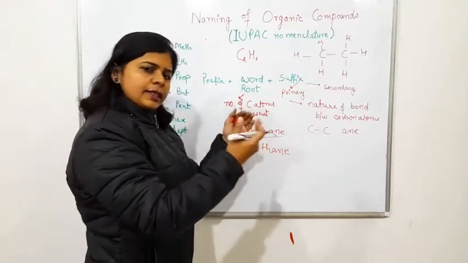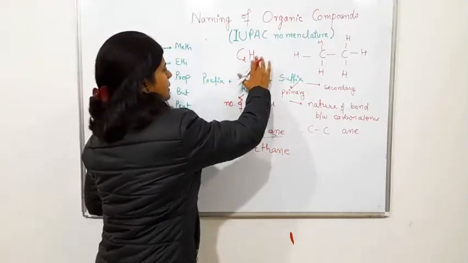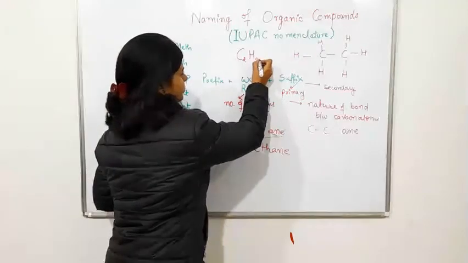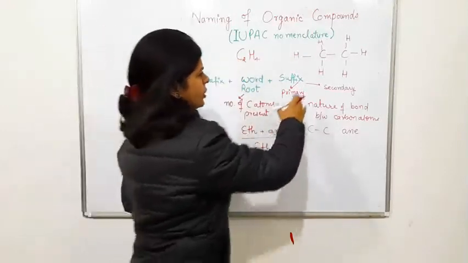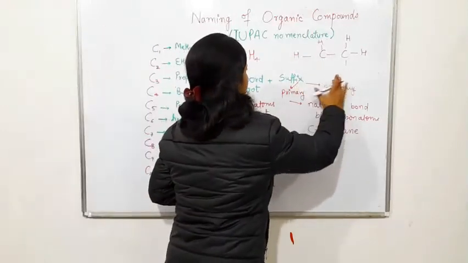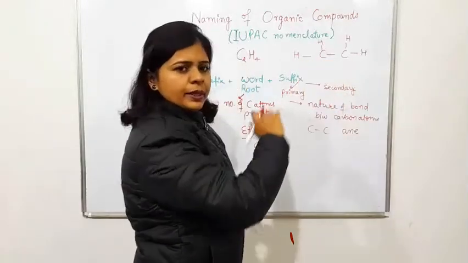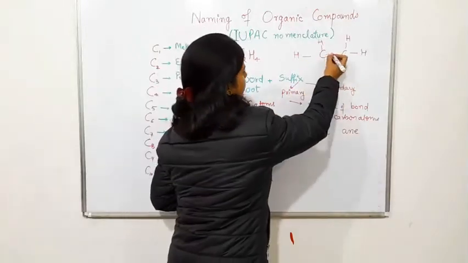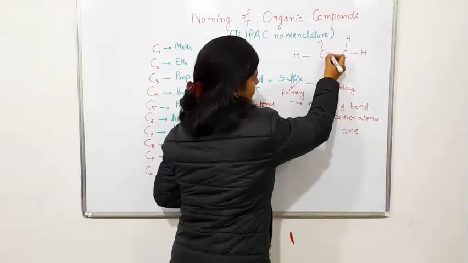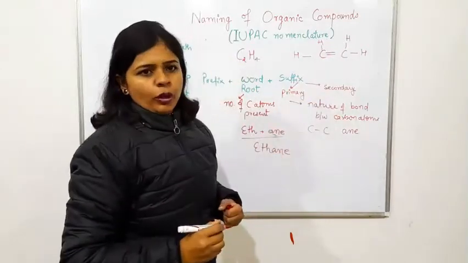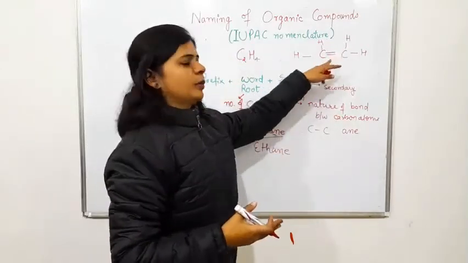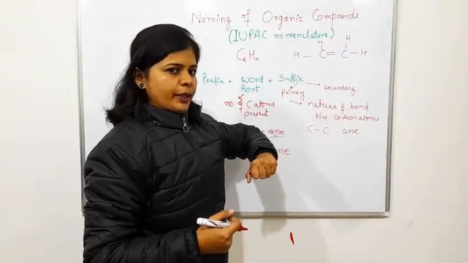Fine. Now let us take another example. Let us take C2H4. If I want to draw its structure, the hydrogen atoms are 4. The hydrogen number is less here. So to make up the valency of carbon to 4, we need to put one more bond. That is, in this case, there is a double bond between the carbon atoms.